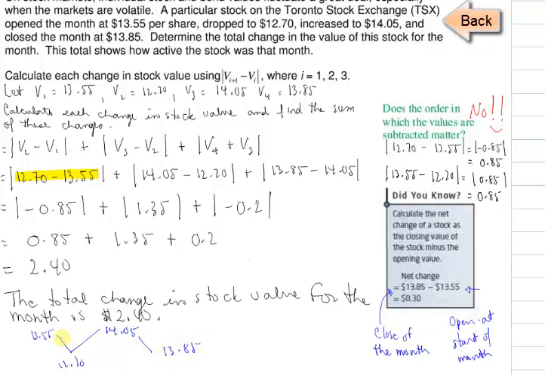What we're calculating here is the difference between all these ups and downs. And this one just wants you to give the difference between the value at the beginning of the month and the value at the end of the month. Okay, so that ends our section 7.1.